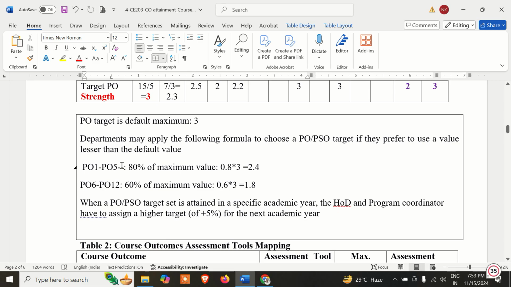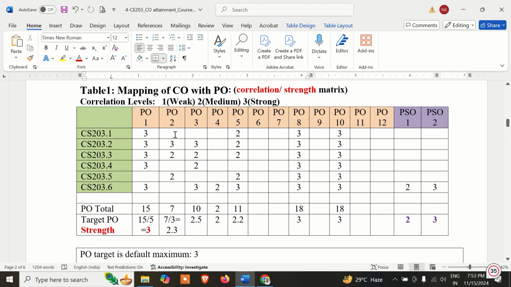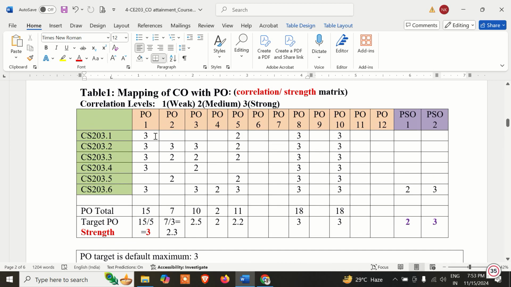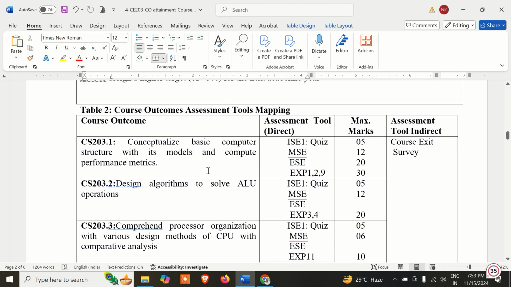However, in other courses, humanities, liberal learning, experiential learning, the PO6 to PO12 strength may be more. So accordingly, you can change the multiplication factor to the maximum strength. So that is the strength which you will be calculating while setting the CO, by what percentage it is matching to the PO.